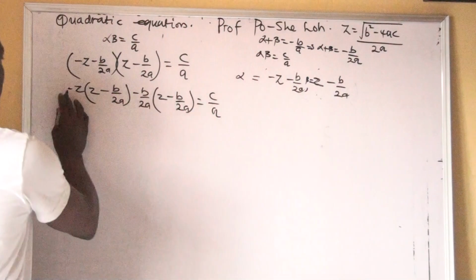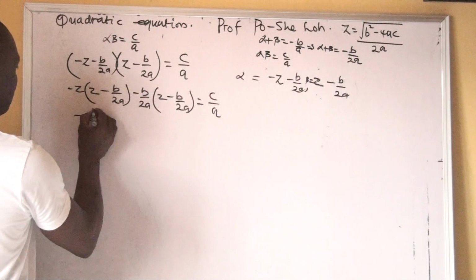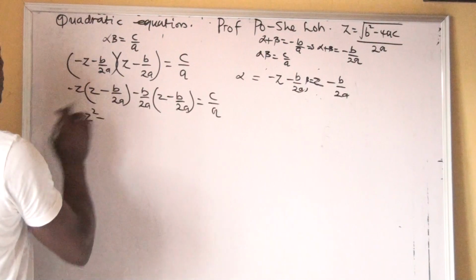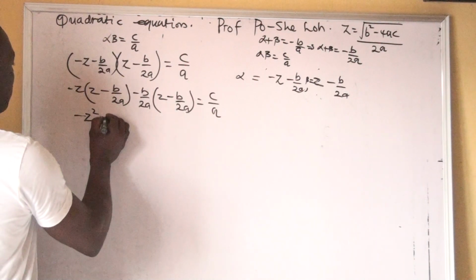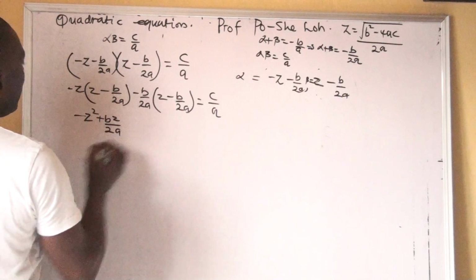Okay, here minus z times z will give us minus z squared, minus z times minus b over 2a will give us plus bz over 2a.